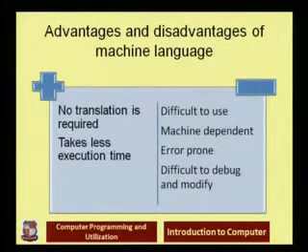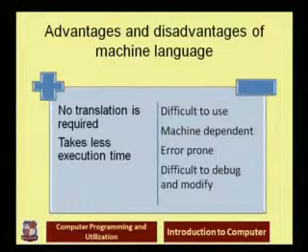Now the next disadvantage is that it is machine dependent. Machine language programs are written using the particular language applicable to that particular machine only. So once we have written a program for a particular machine, it is not executable on another machine, because every machine has a different processor and every processor has a different architecture.